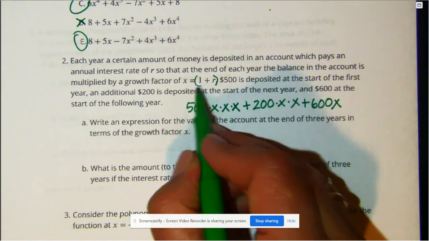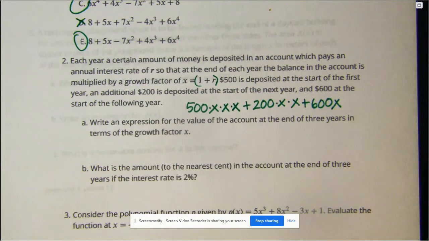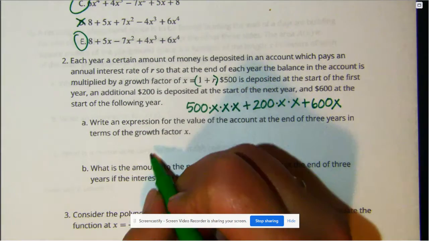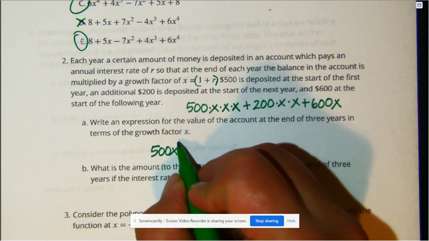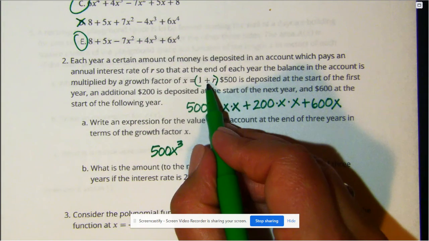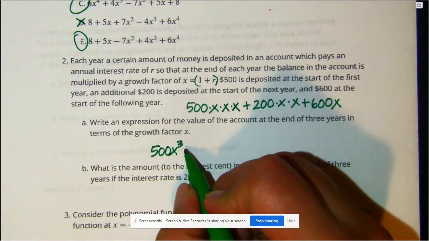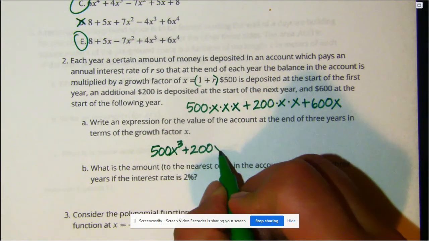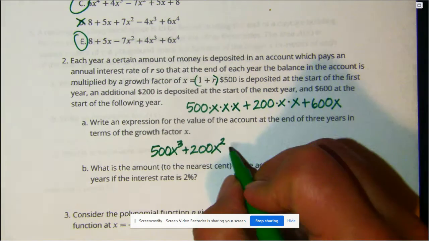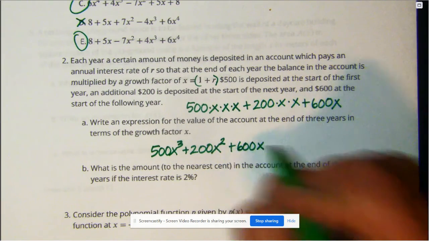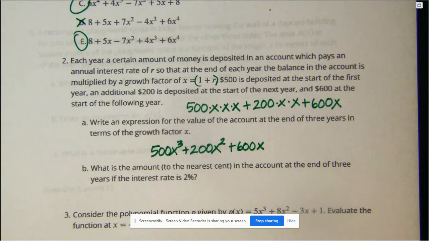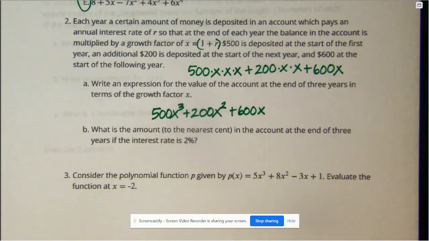That interest, 1 plus whatever that rate is. We're calling that x. So if I clean this up, this would be 500x to the third, because I'd be multiplying by that interest rate 3 times, plus 200 times the interest rate 2 times, plus 600 times the interest rate once. What is the amount to the nearest cent in the account at the end of 3 years if the interest is 2%?